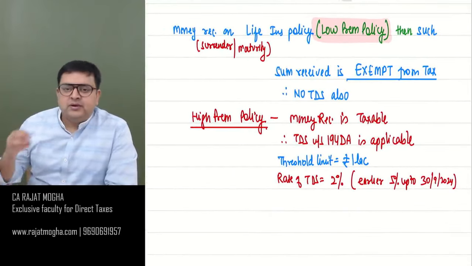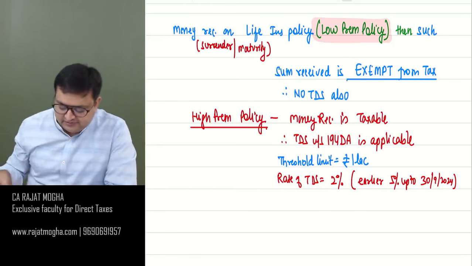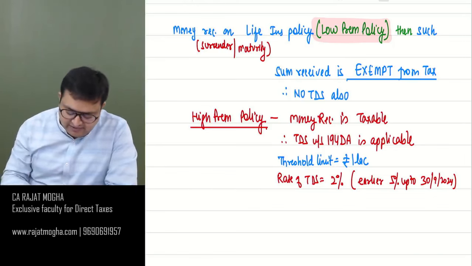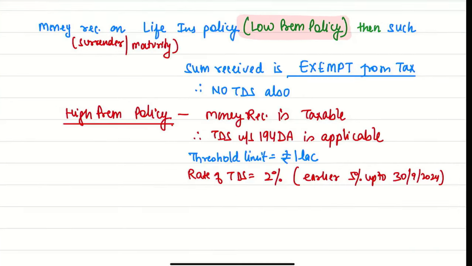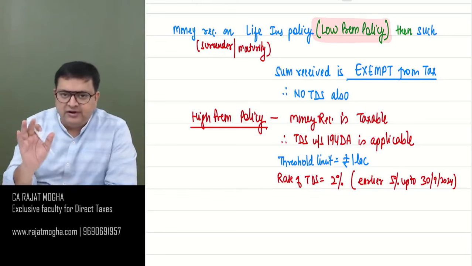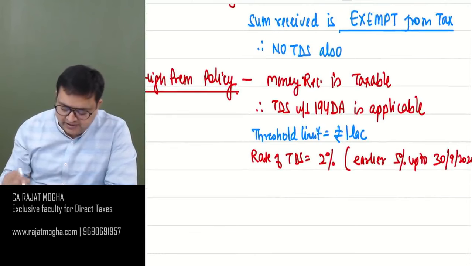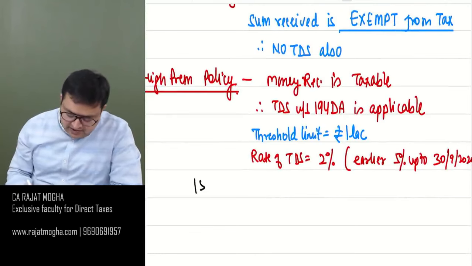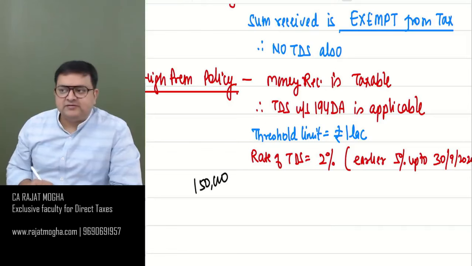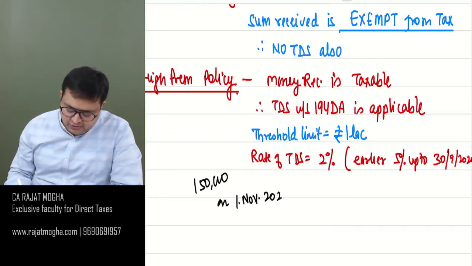Now, guys, let's say I'm giving you 1,50,000 rupees. Don't write this, just understand it, and then you will give me the answer. What I'm writing in black pen, don't write it. Let's say I'm giving you 1,50,000 rupees on 1st November 2024.